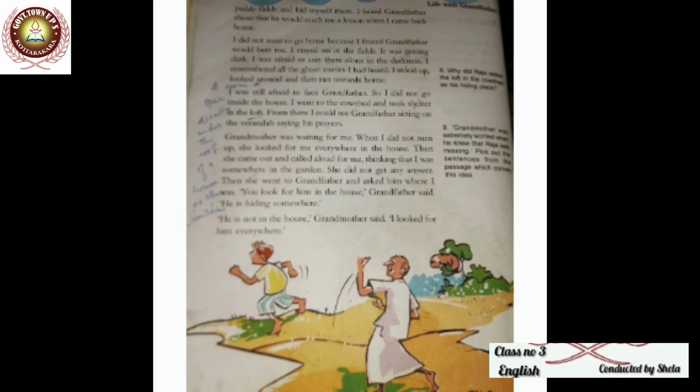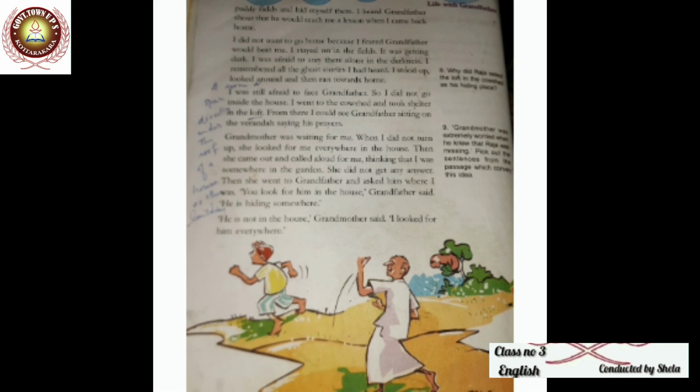From there he can see his veranda and his grandfather. He was sitting on the veranda saying his prayers. He can see what was going on inside the house. He can see from the cowshed.